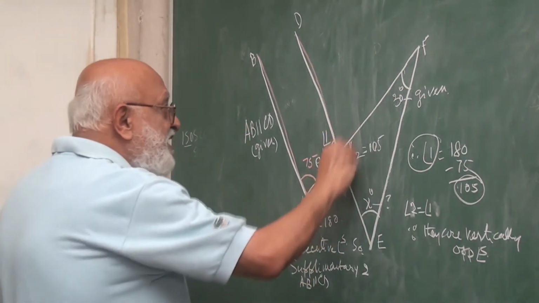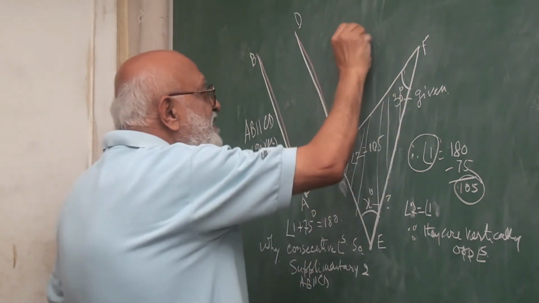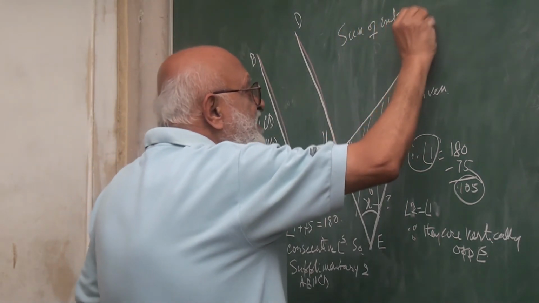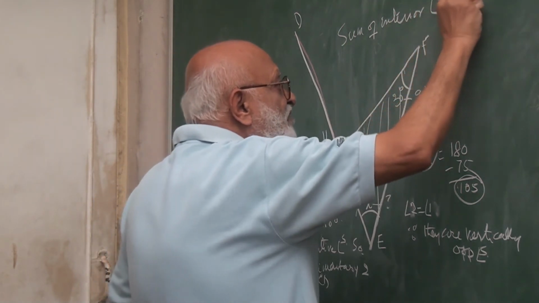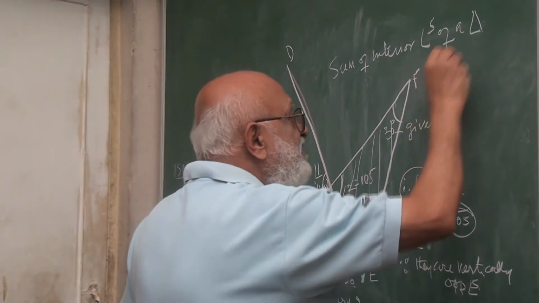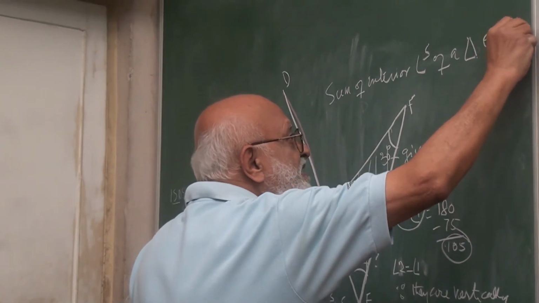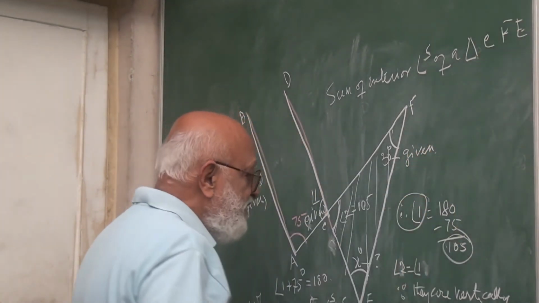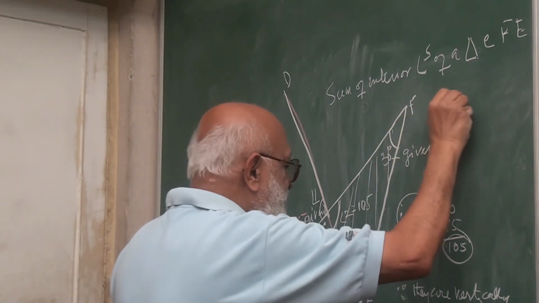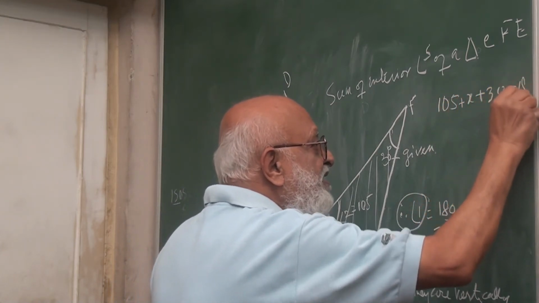So let us see this triangle. Again, the sum of interior angles of a triangle. This time triangle CFE. So 105 plus x plus 30 is equal to 180.